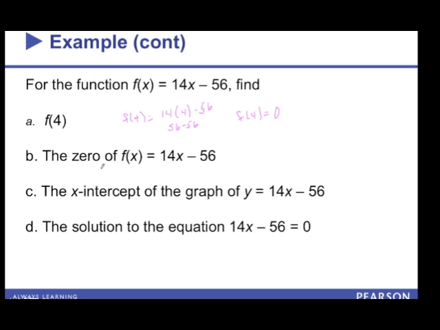So what is a zero of f of x equals 14x minus 56? That zero is 4. x equals 4 makes this equal 0. The x-intercept, of course, is the point 4, 0. And the solution to the equation 14x minus 56 is x equals 4. Notice we have a 4 for all of those.